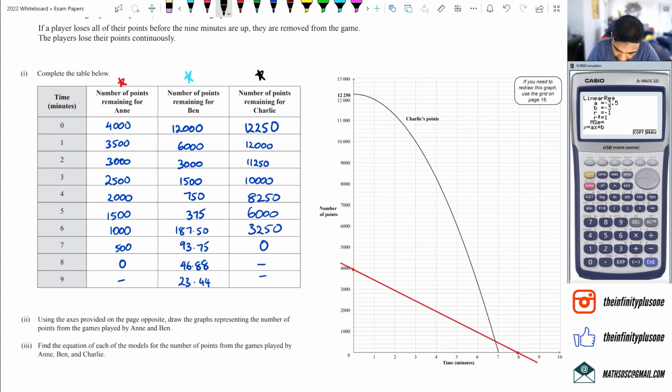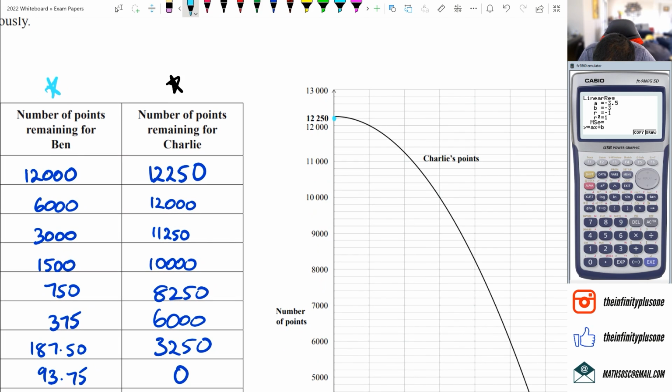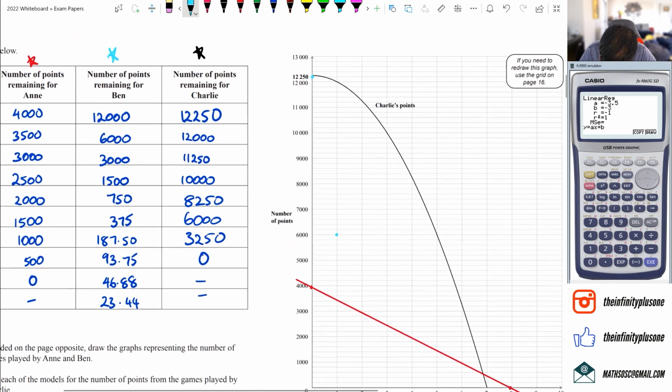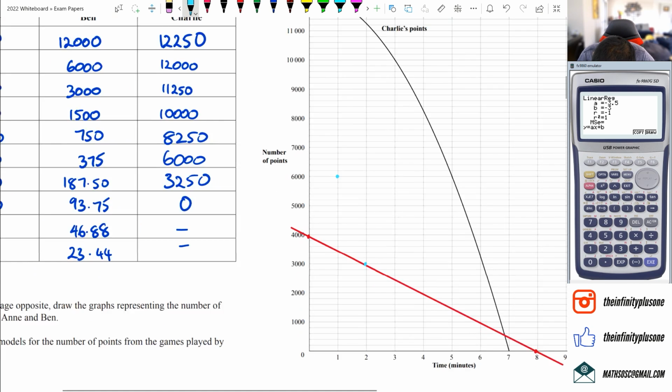because Charlie's already there. So Ben starts at 12,000, which is there, and then 6,000, 3,000, now it's getting hard with this thing.